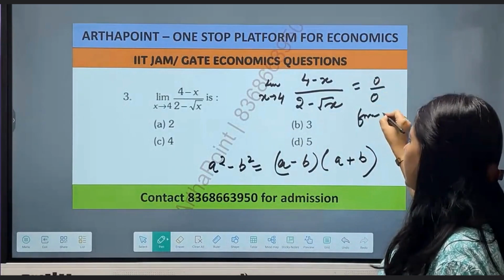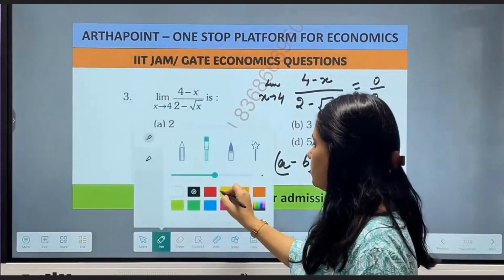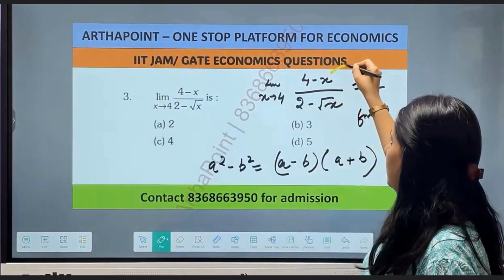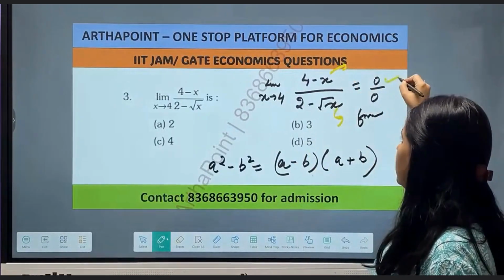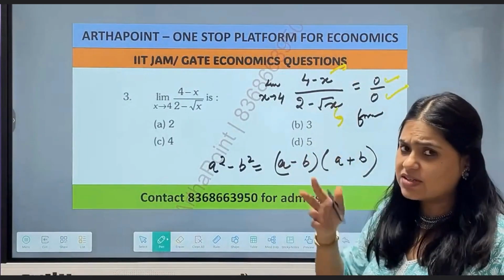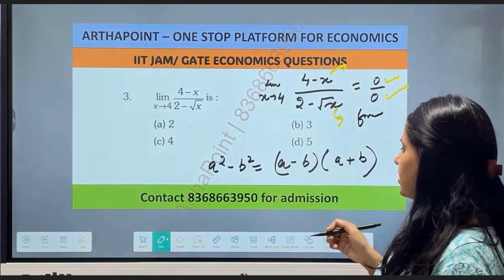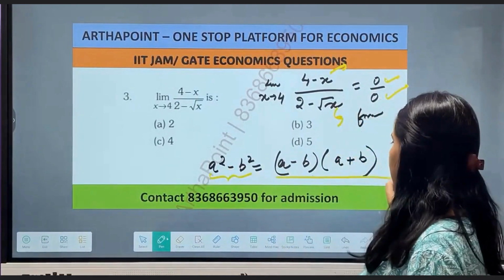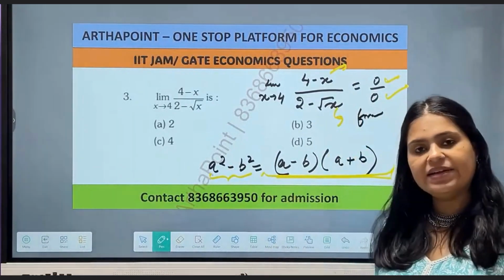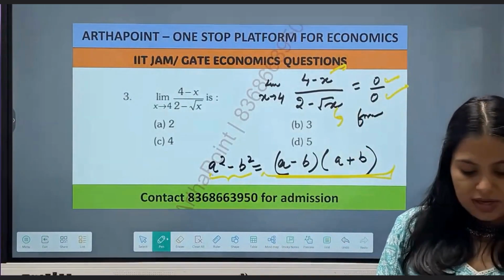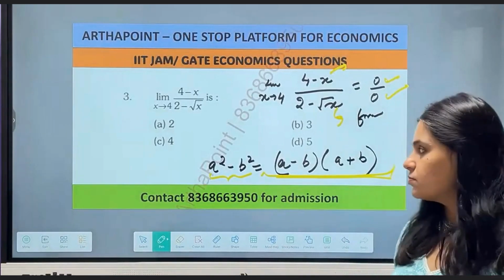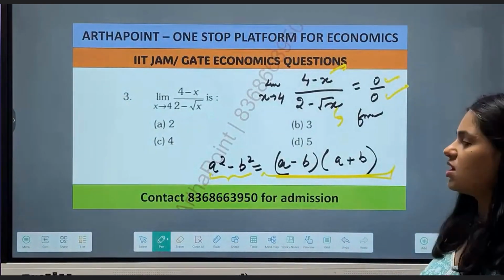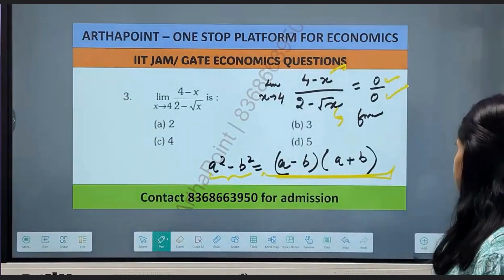If you put 4 in place of x here, you will get 0 by 0 form. That is not right. So you should try and use a square minus b square, which is nothing but (a minus b) into (a plus b), and try to solve this. So let me know what the answer should be. Okay, so you are saying the answer should be 4. Let's see if that's correct.